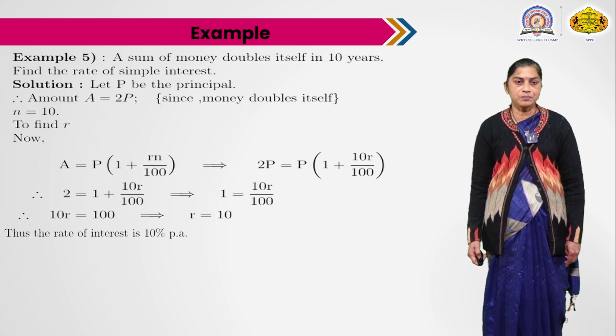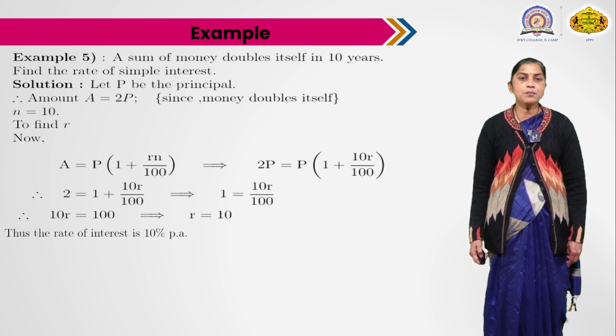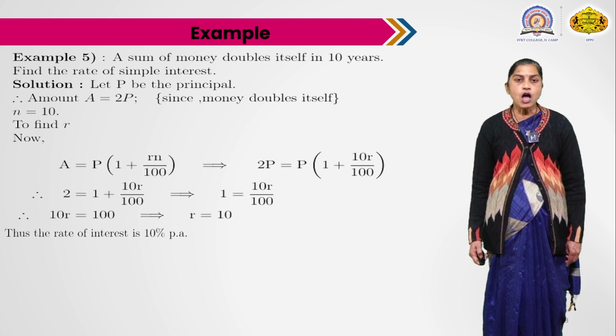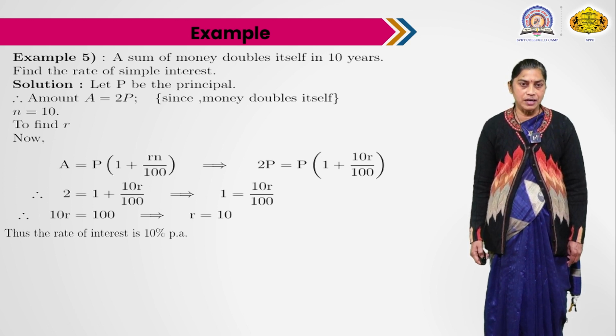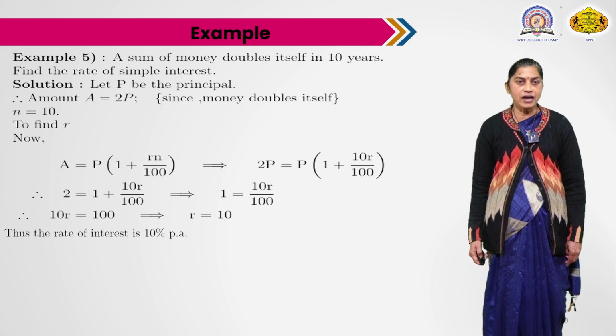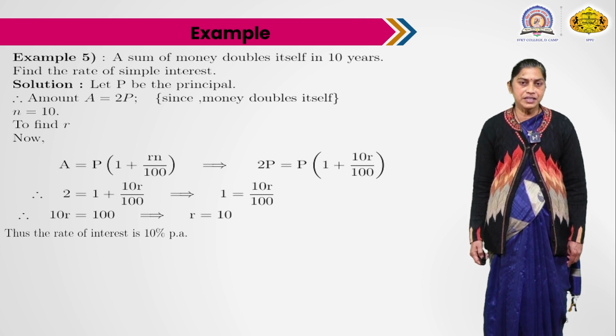Now, see the next example. A sum of money doubles itself in 10 years. Find the rate of simple interest. Now, it is not given how much principal there is, but it is given that the sum doubles itself.